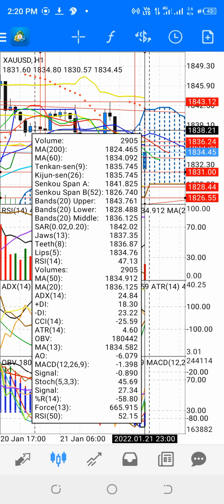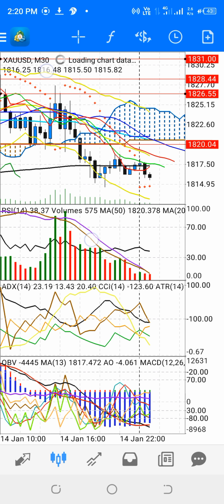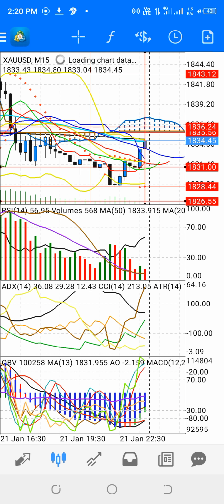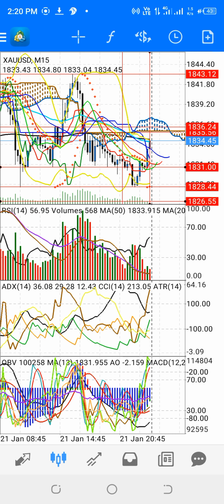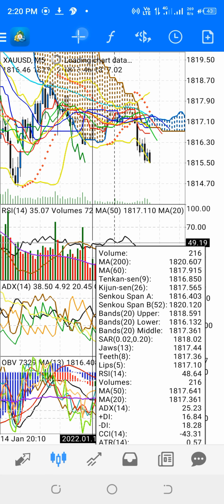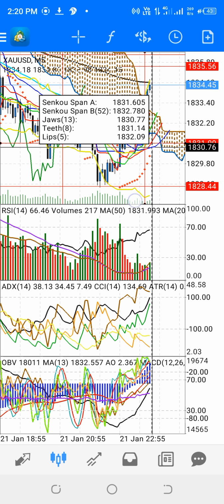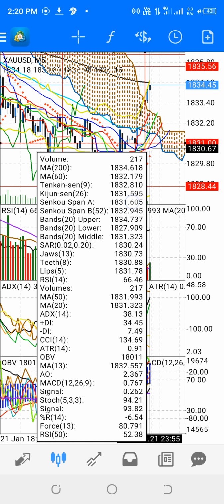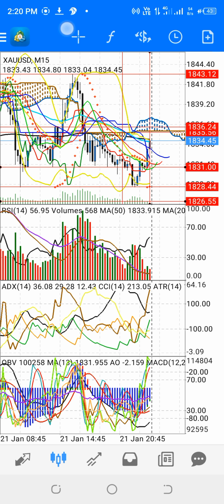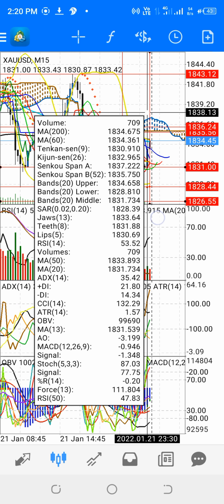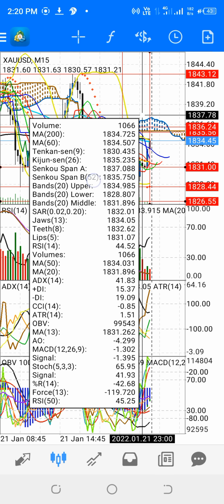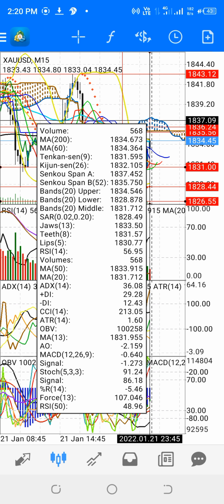As we've observed, this current last price of the gold will slightly move. We'll check.